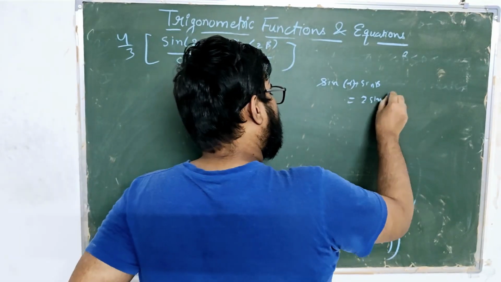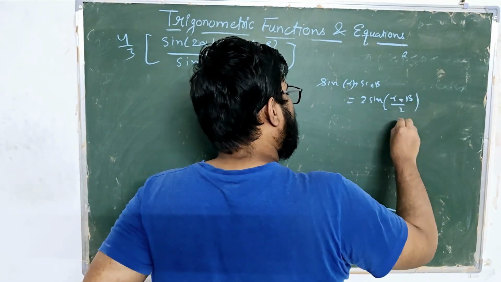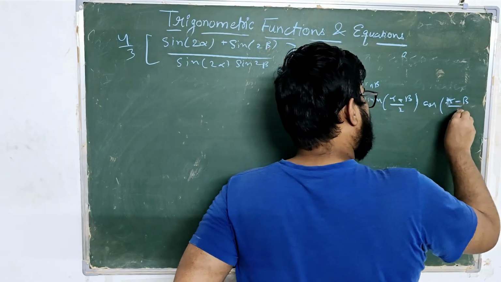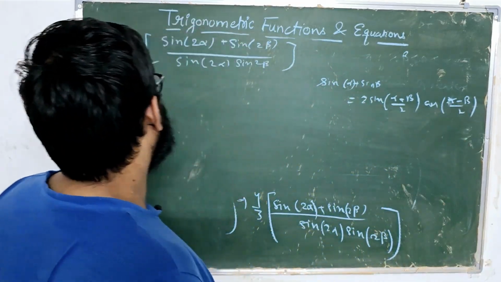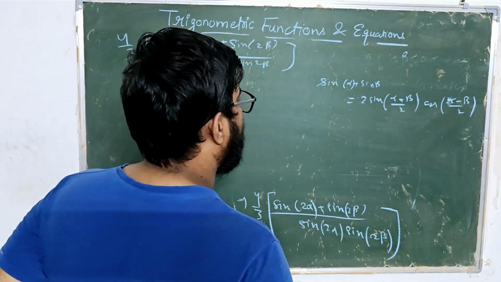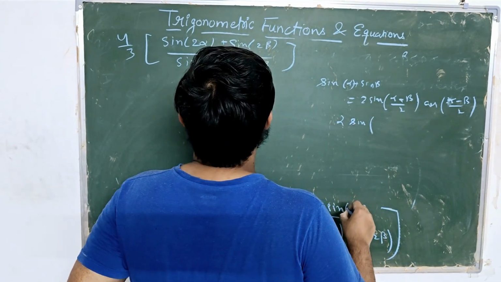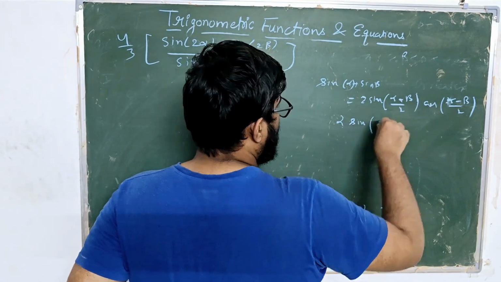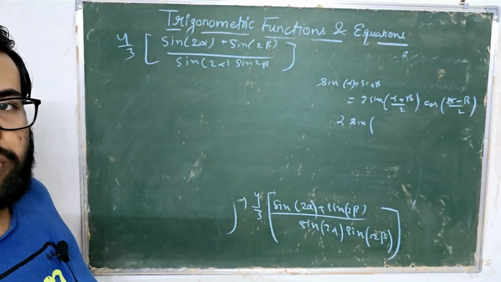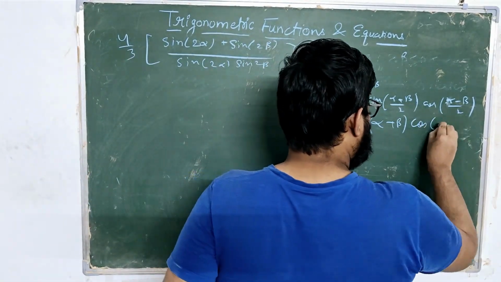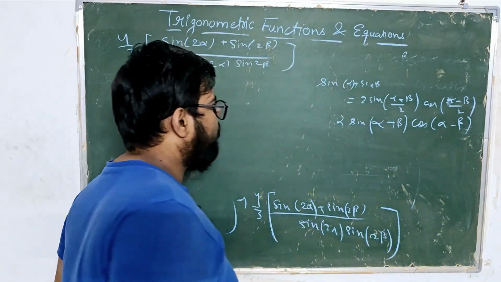It is 2 sine of (alpha plus beta) by 2 into cos of (alpha minus beta) by 2. So when you evaluate this, you will get 2 as common, sine of alpha plus beta into cos of alpha minus beta. Okay, so we get this expression.